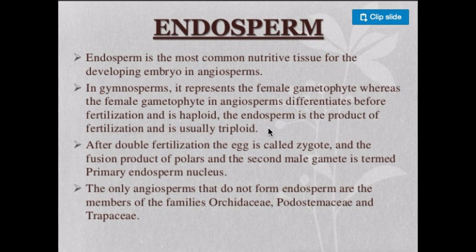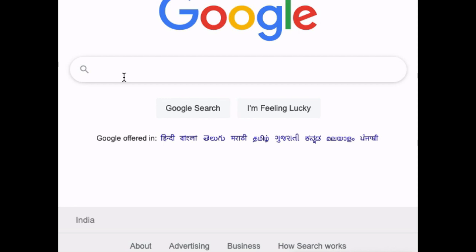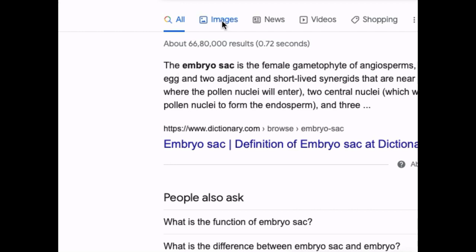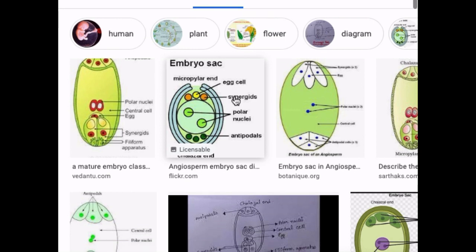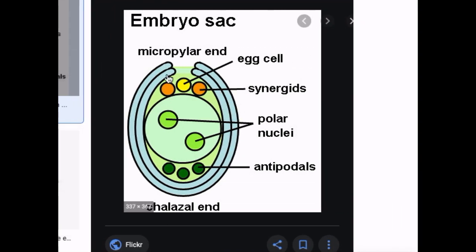So first of all, let me explain in short what is the embryo sac. Before a seed is formed, you have an embryo sac, and inside this embryo sac, you will have 8 types of cells.